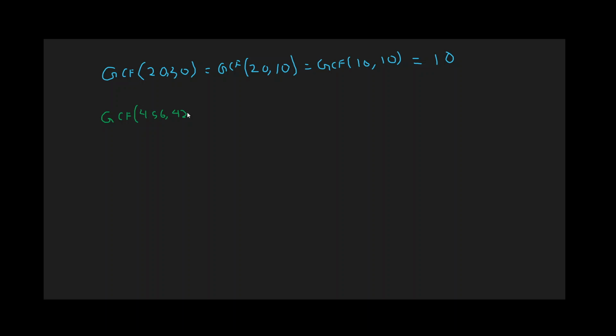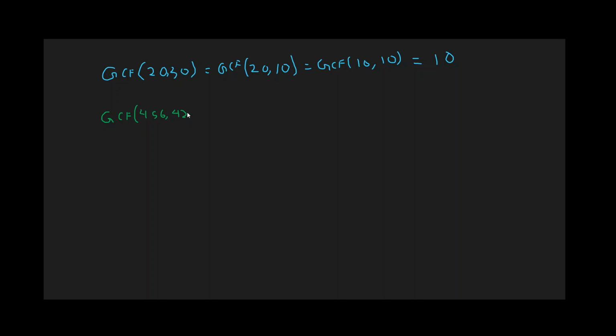If we use our formula up here, the greatest common factor of 456 and 42 is equal to the GCF of 456 minus 42, and 42. And we're probably going to keep doing that for a while because this number is huge, and getting it down to something we can do will take a long time. So just to demonstrate it, let's do that.